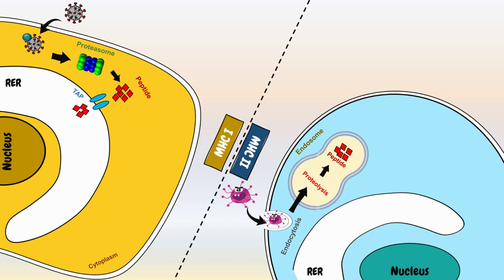In MHC class 1 pathway, the single 3-domain alpha chain associates with beta-2 microglobulin to make a class 1 MHC molecule, whose structure is not fully stable until a peptide has been bound. The efficient folding of MHC molecules around an antigen peptide requires a set of other chaperone molecules found within the rough endoplasmic reticulum.